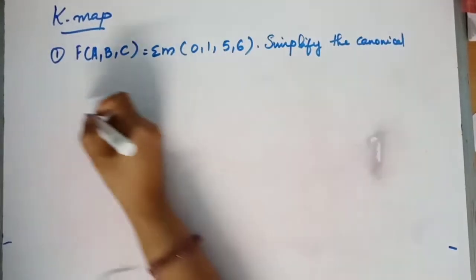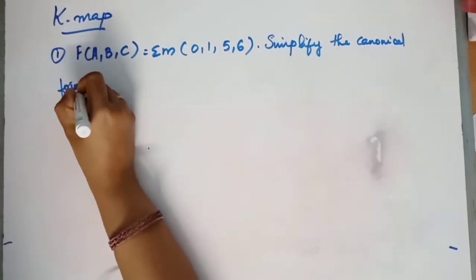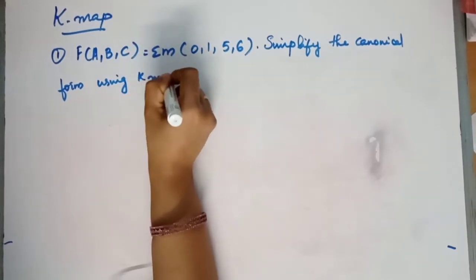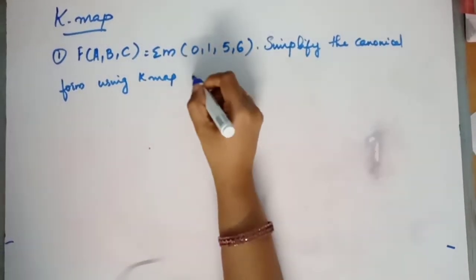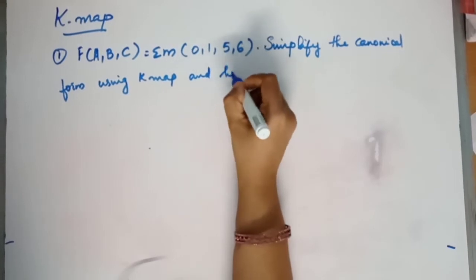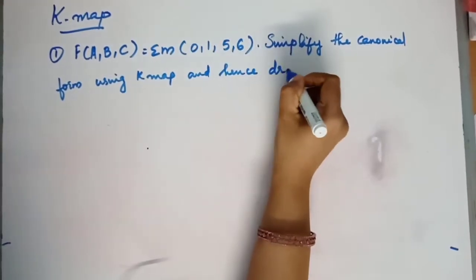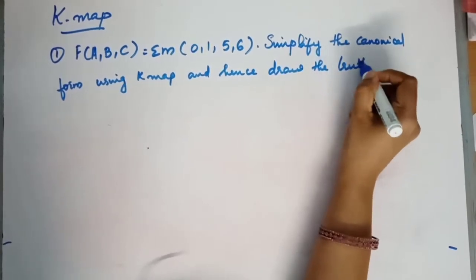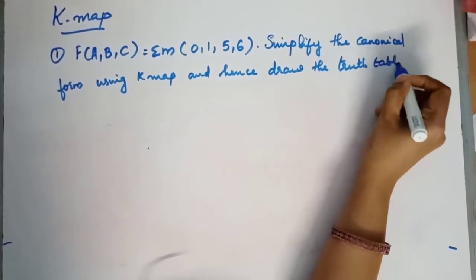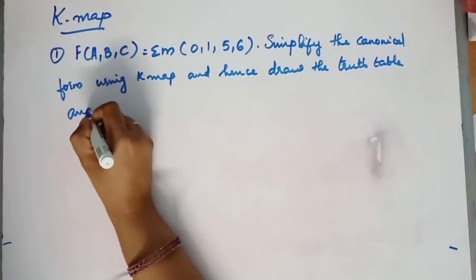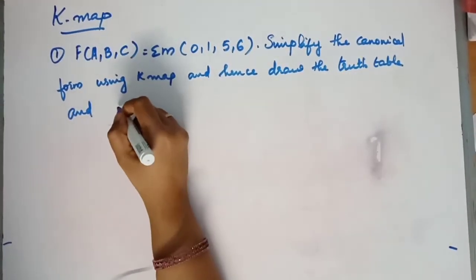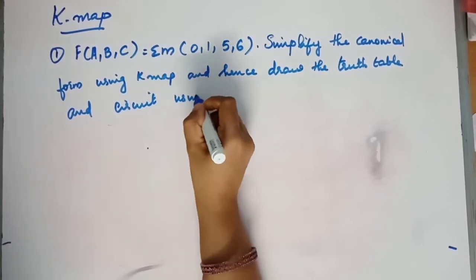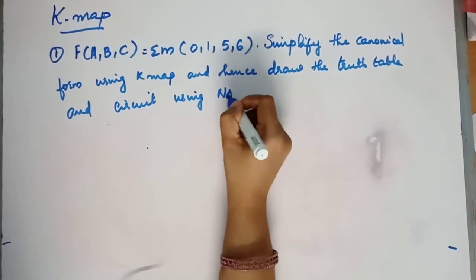Simplify the canonical form using K-map, and hence draw the truth table and circuit using NAND only.